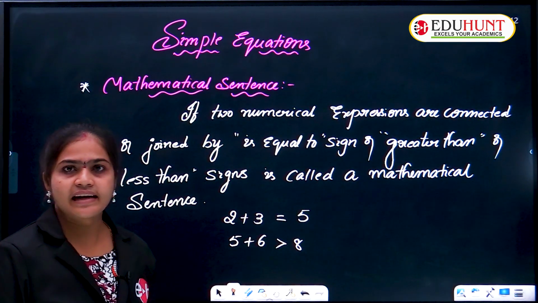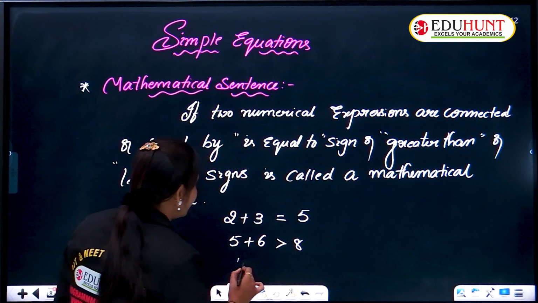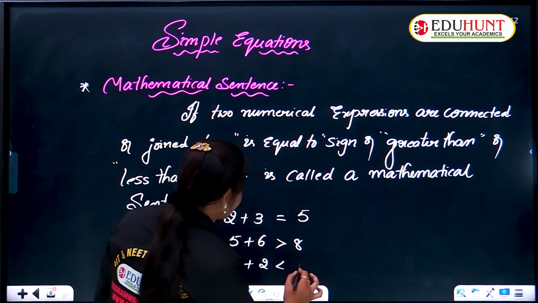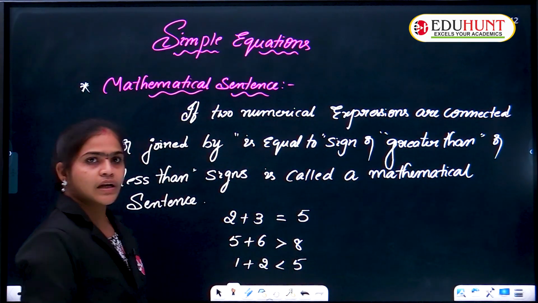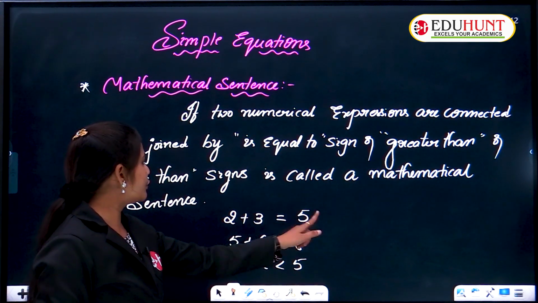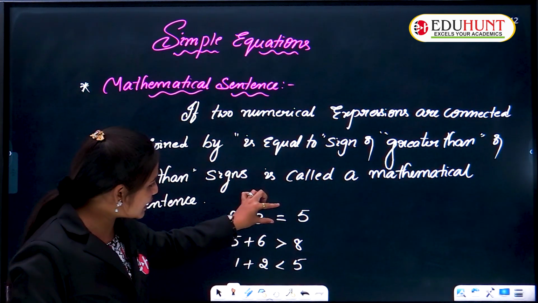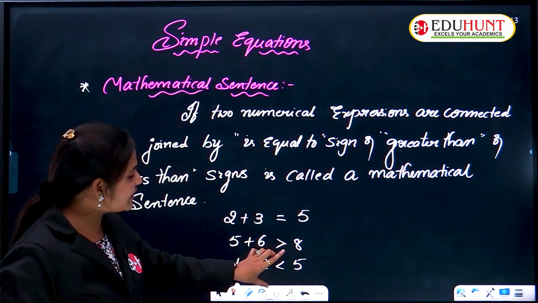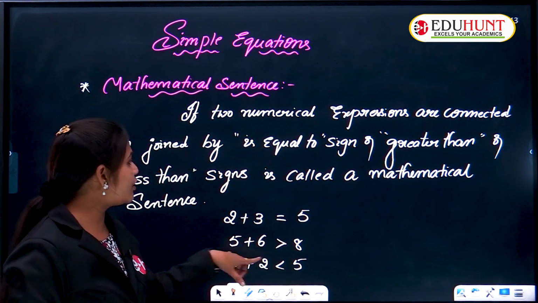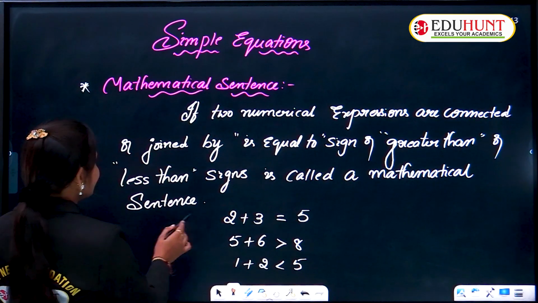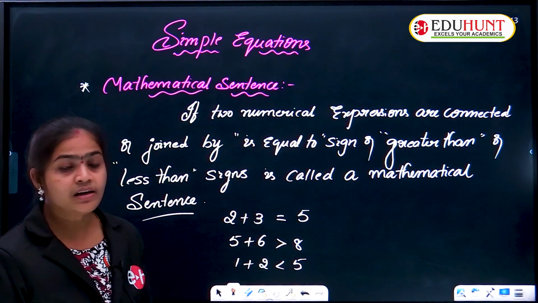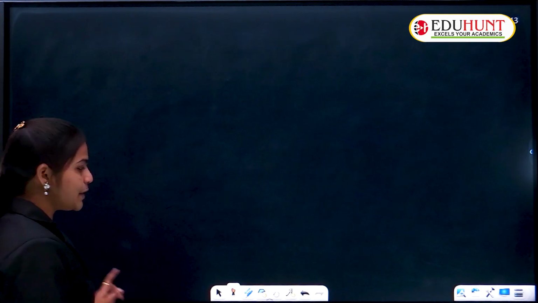And in the same way, 1 plus 2 is less than 5. The combination of two numerical expressions using the equal to, greater than, or less than sign gives sentences that are called mathematical sentences. Understood?